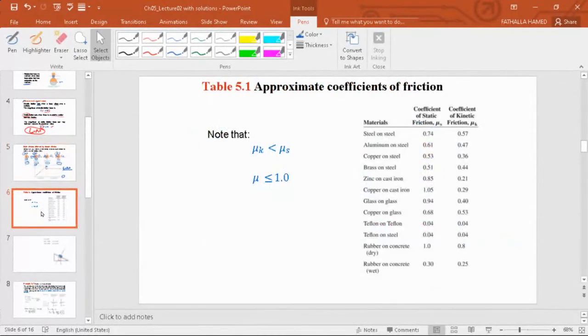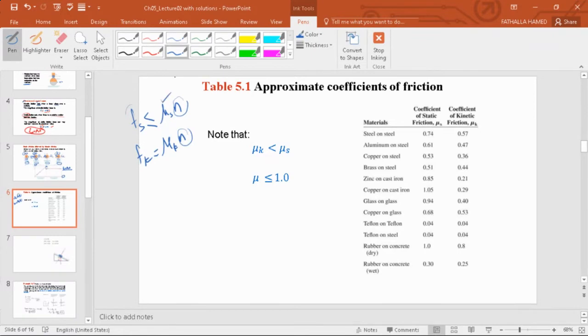Now, we related the static friction as less than or equal to μs times the normal force, and the kinetic friction as μk times the normal force. And I told you that the normal force is in newtons, and you measure your forces in newtons.